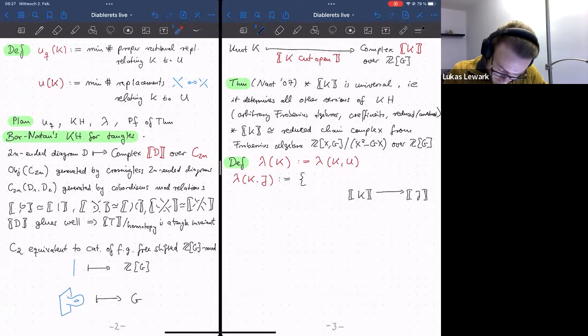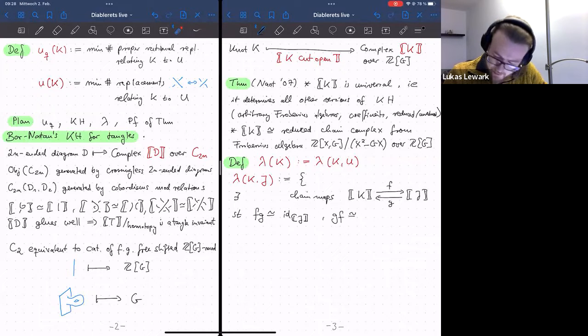So let me write this condition of homotopy equivalence. Homotopy equivalence would be that there exist chain maps F and G between these chain complexes such that F composed with G is homotopic to the identity of bracket J, and GF is homotopic to the identity of bracket of K.